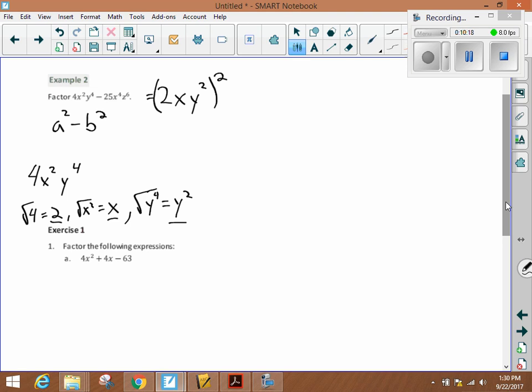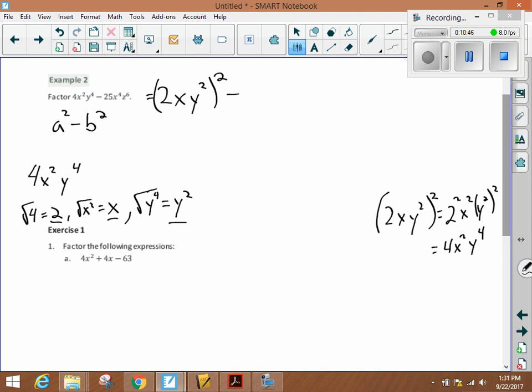If I was to do it, I could say that this is going to be equal to 2 squared times x squared times y squared, which is 4x squared y to the 4th power. And so that is going to be my a.